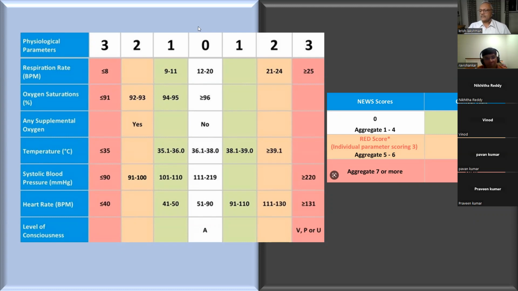Go on, Praveen. Sir, we should check what parameters are deranged, and we should take necessary steps to bring them to the normal limits. Yeah. Is it the first thing that you do? Do you think this patient should be looked after in the ward or elsewhere? If it is high clinical risk, he must be shifted to the ICU, HDU.